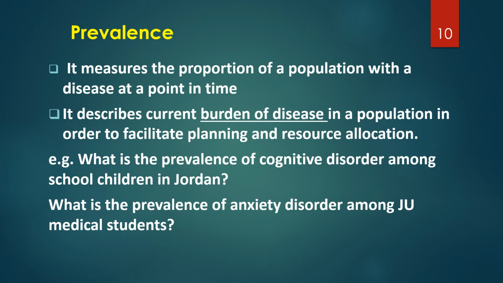Prevalence. What is prevalence? Prevalence measures the proportion of a population with a disease during a specified period or at a point in time. If we go back to the example of this bathtub, we said earlier that incidence is the flow of new cases of disease in this population.